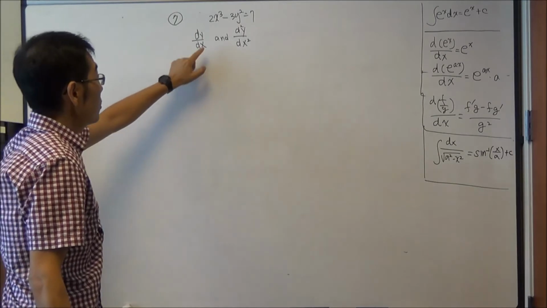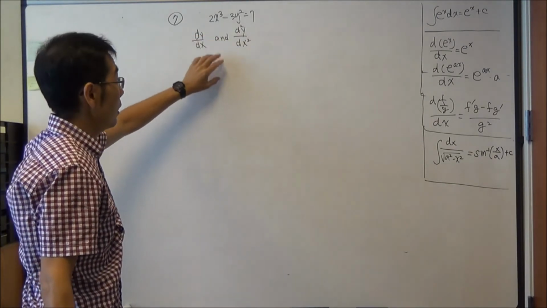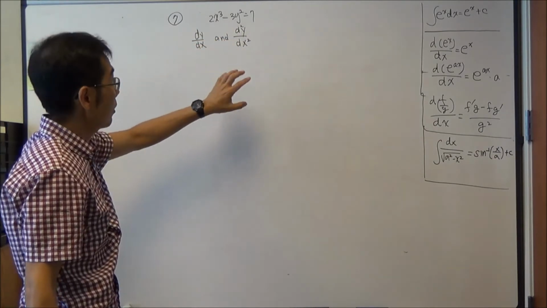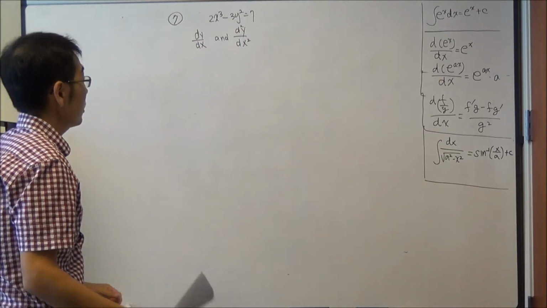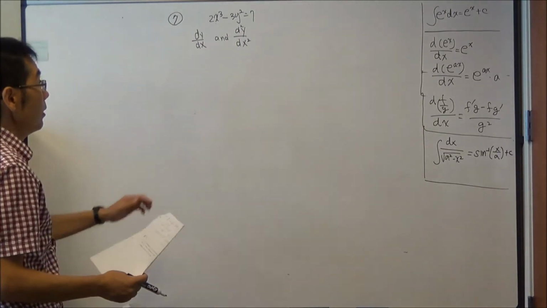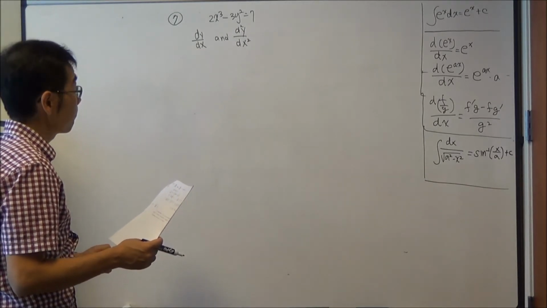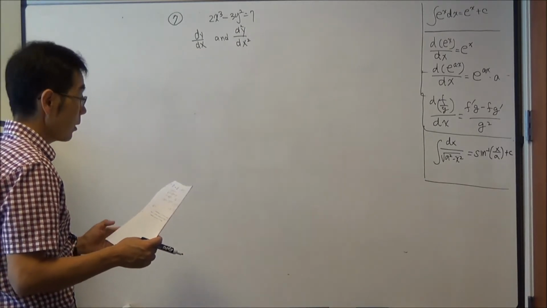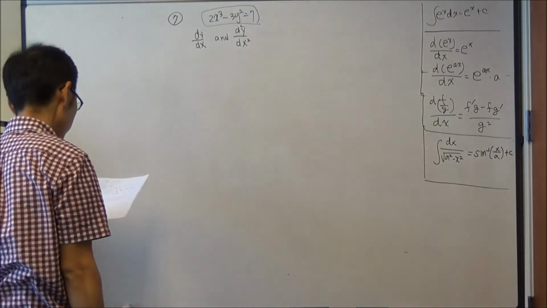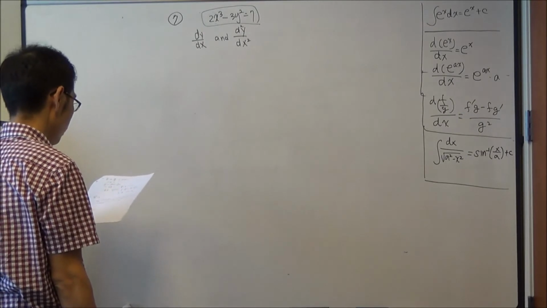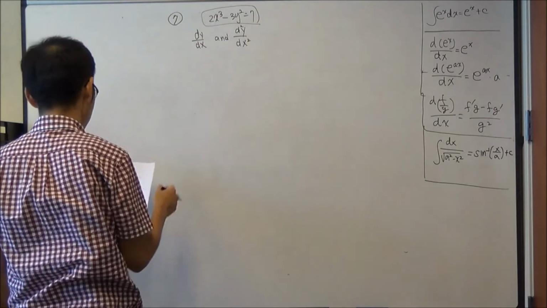Right now, if you rearrange this function so that you have y equal to something, it gets a little complicated. So how do we find those kinds of derivatives? In this case, we have this function, so we just take the derivative directly from this equation.